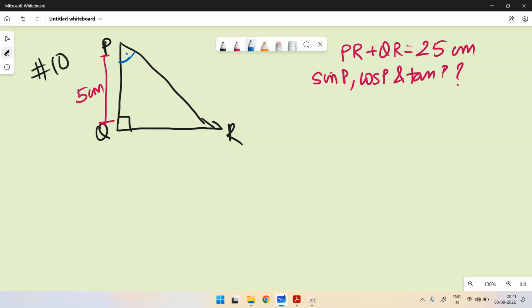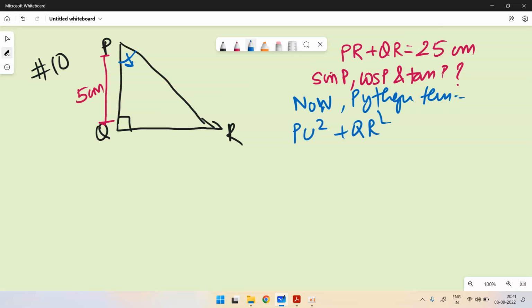So with respect to P, now PR plus QR is 25. PR is not given. In any right angle triangle, you must apply Pythagoras theorem. Applying Pythagoras theorem implies that PQ square plus QR square is nothing but PR whole square.